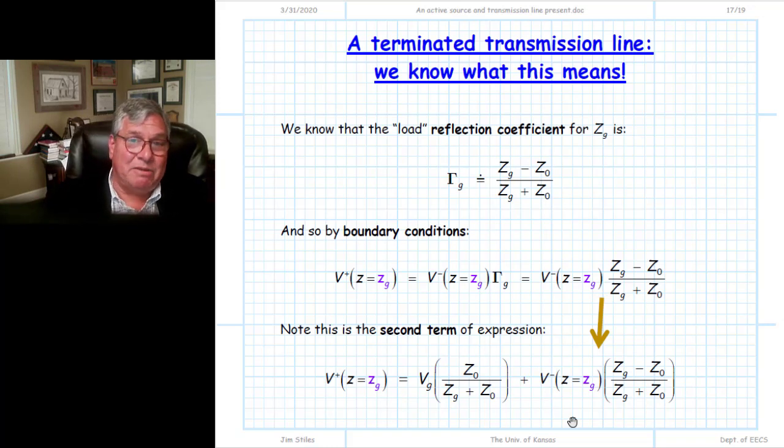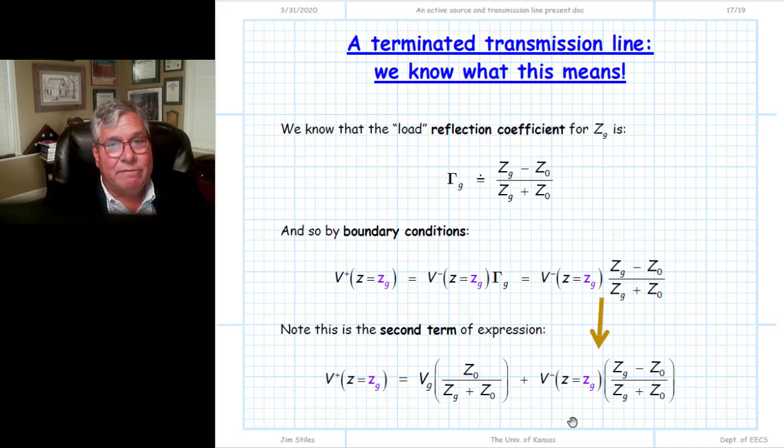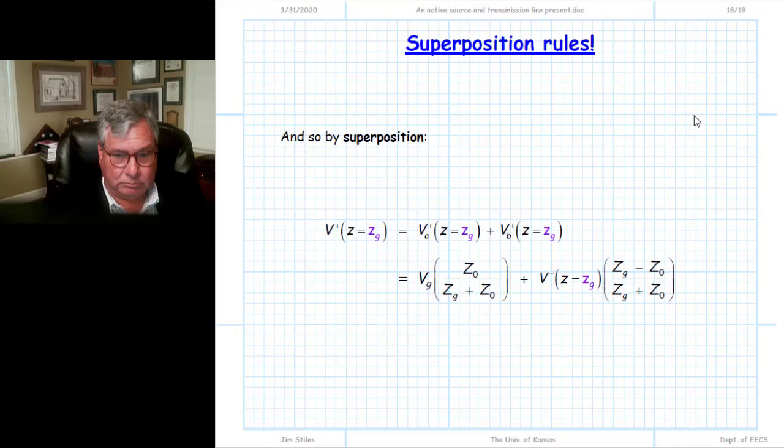Again, we got it with boundary conditions and a little bit of algebra, but we look at the result and we see that it makes perfect physical sense, and in every way it's consistent with what we know about how transmission lines and circuits behave. Rewriting that expression again, the total plus wave voltage at the beginning of the line has two terms.